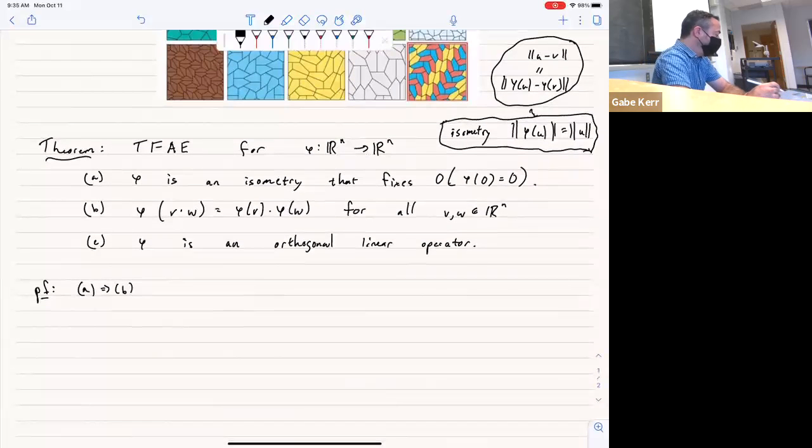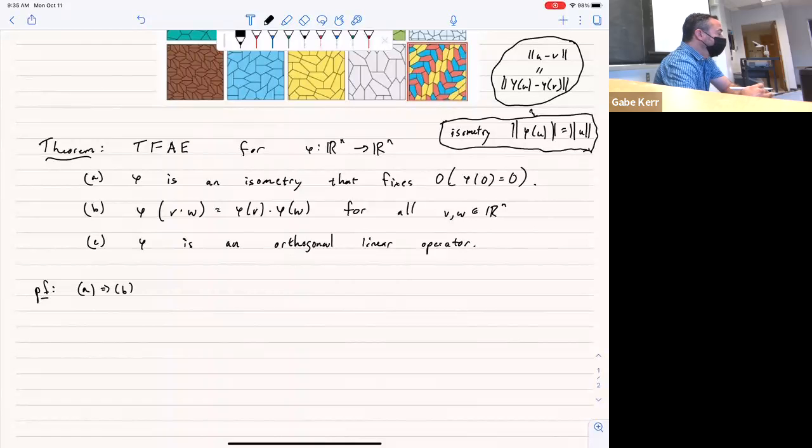How would we prove A implies B? Let's say we have an isometry that fixes 0. How do we show it preserves dot product? Would it just be by the definition that the dot product is the multiplication of the two vectors' magnitudes? Not just that, it's that times cosine of theta, where theta is an angle.